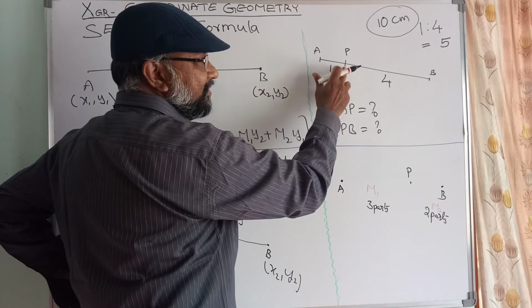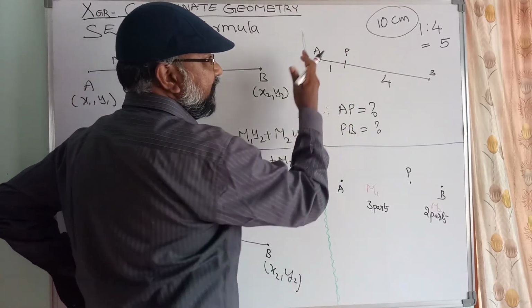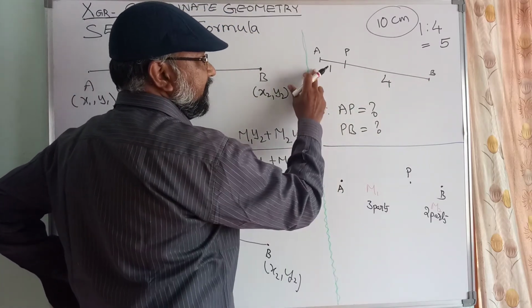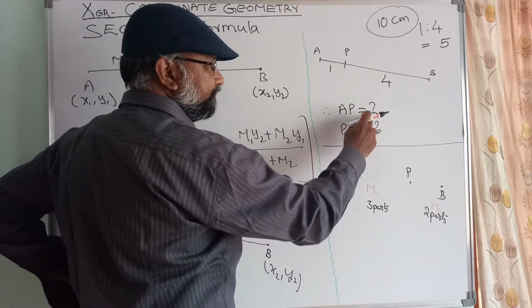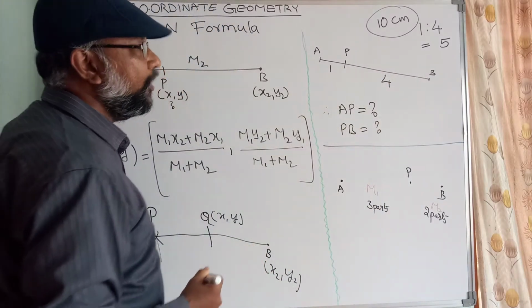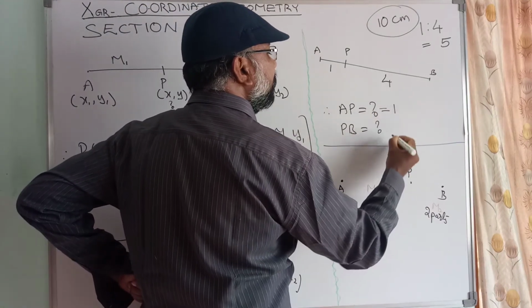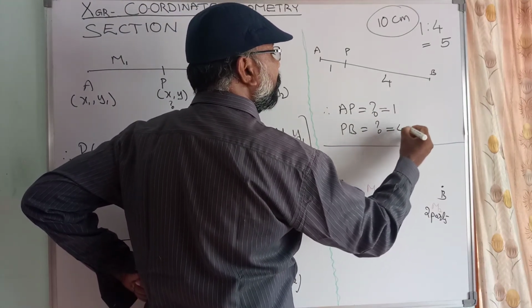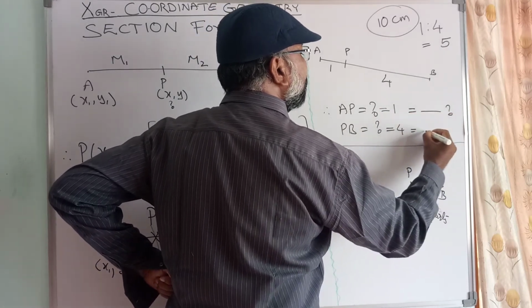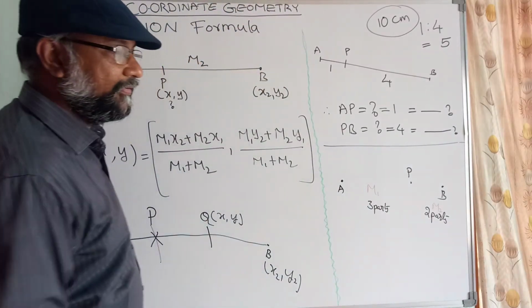So this point separates AB into two parts. AP is one part, PB is another part. Now I give you the ratio 1 to 4. Now I am asking how many centimeters AP is and how many centimeters PB is.